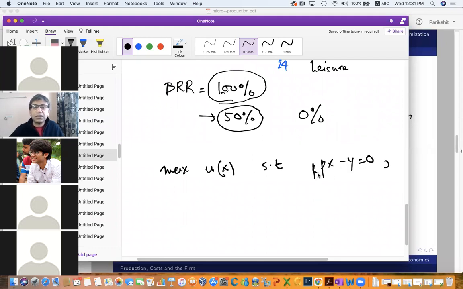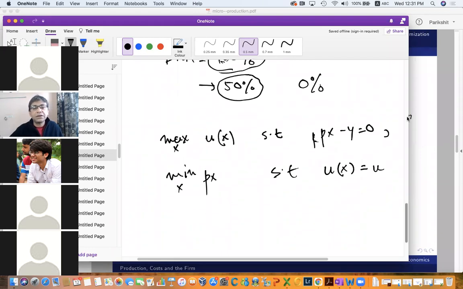What is a dual? We switch the objective function and the constraint function. So this comes here, px minus y. When we minimize it, y is a constant, so I won't write that. So px minus y, minimize that by choosing x, subject to u(x) equal to some value u. That value is whatever the maximized value of utility was in the first problem. Okay. So that's the structure.